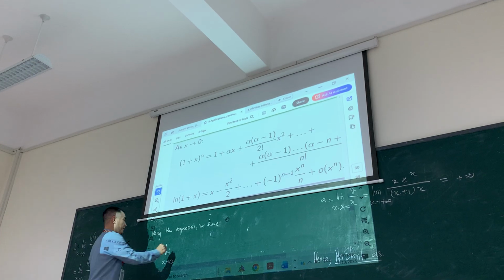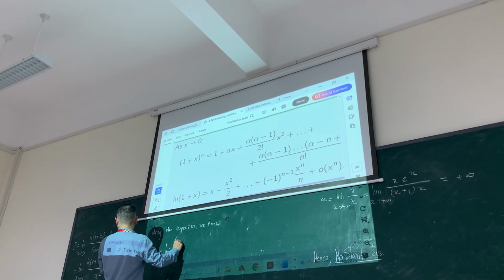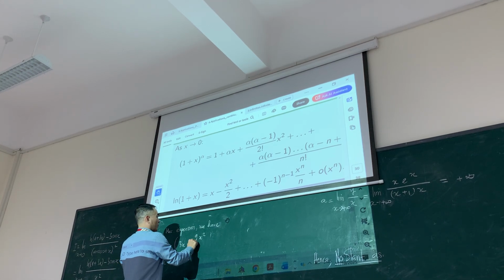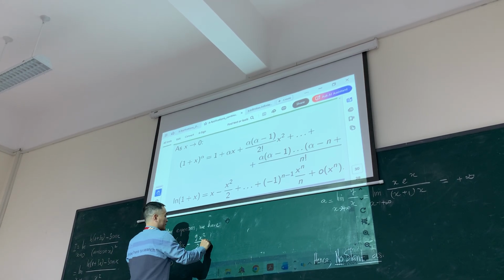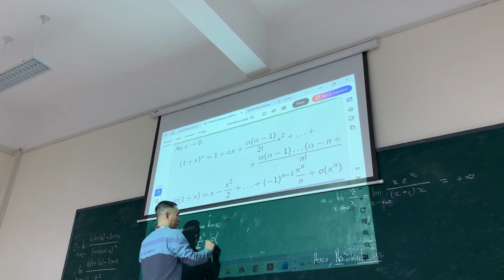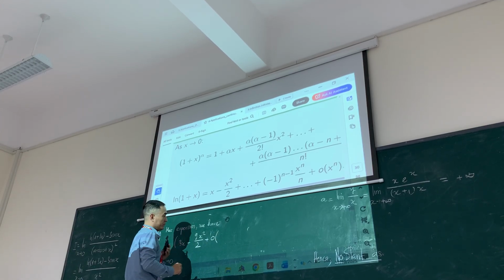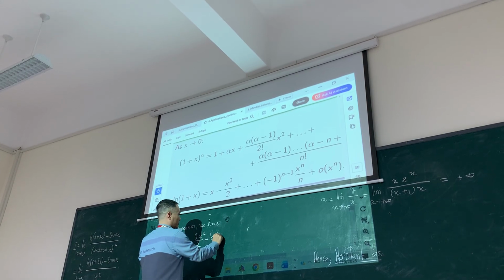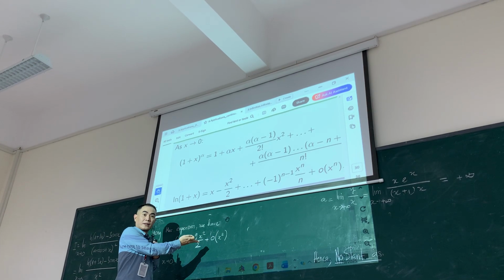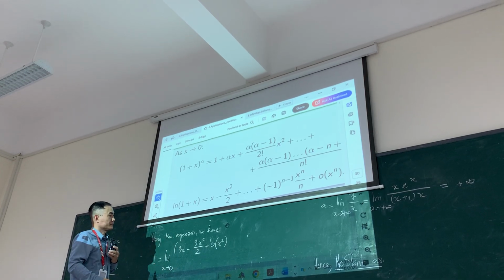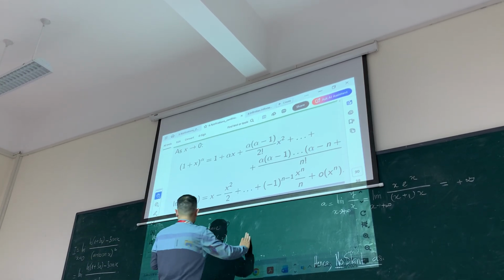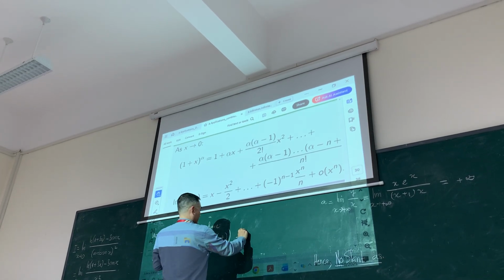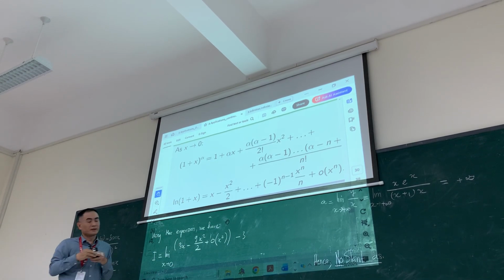This here we can replace by 3x minus 9x squared over 2 plus an infinitesimal of higher order than x squared. Okay? Higher order than x squared. Minus 3x, sin x.